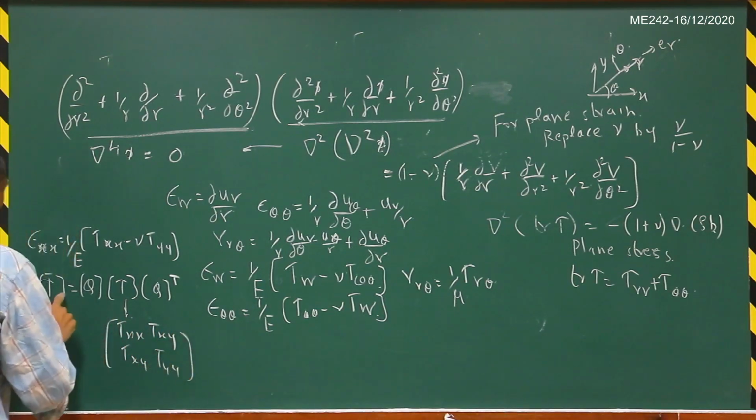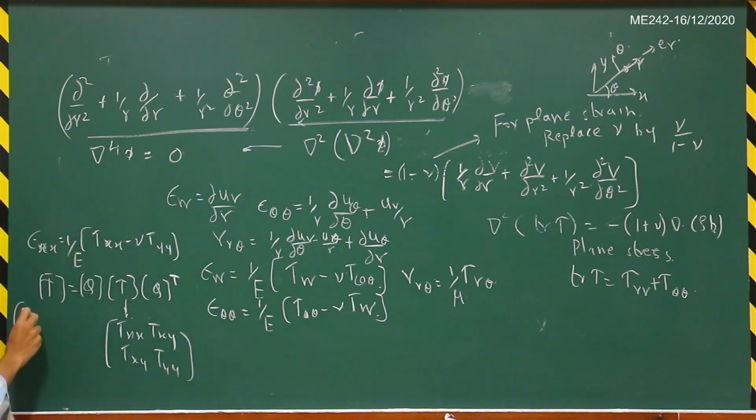And then this one will be tau rr, tau r theta, tau r theta, and tau theta theta. Right? So this is how you can transform. And then Q is that cos theta, sin theta, the usual orthogonal tensor that transforms from one basis to the other basis, right? That e_i bar dot e_j formula that we derived in the tensor analysis part.